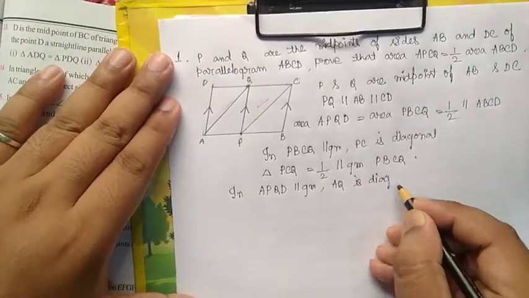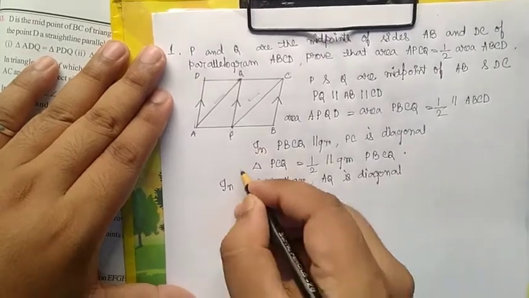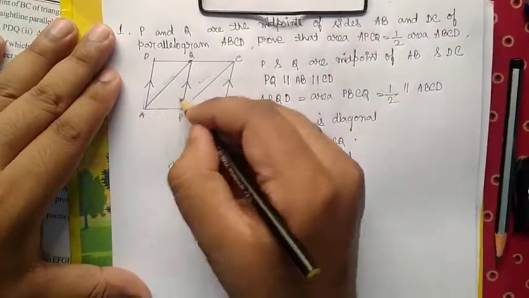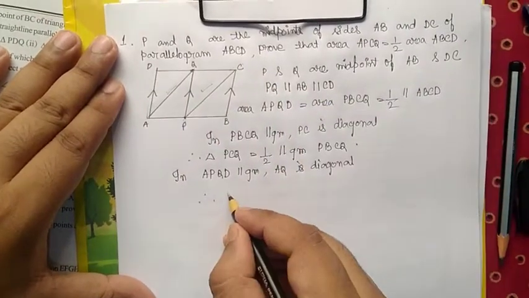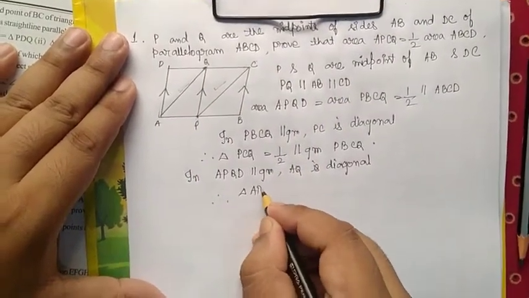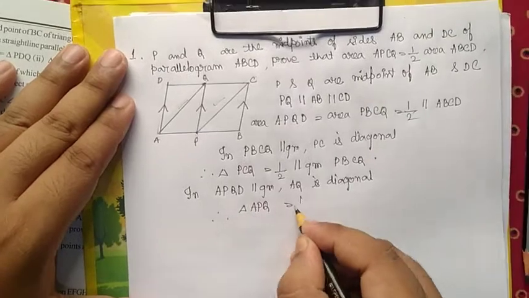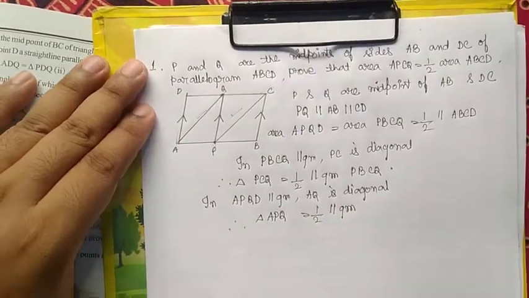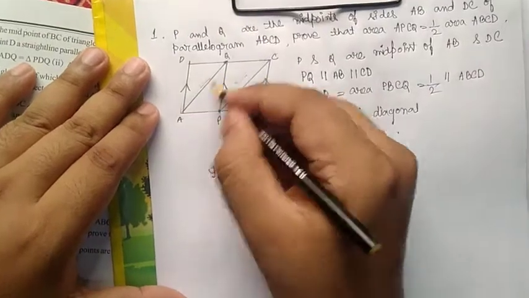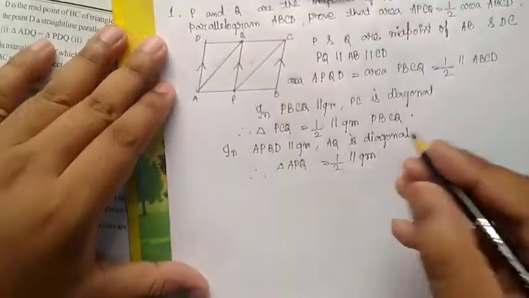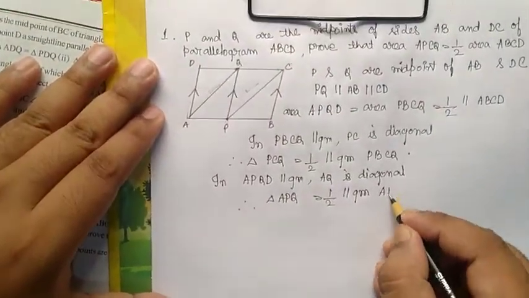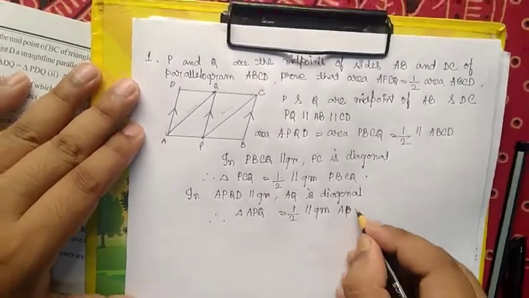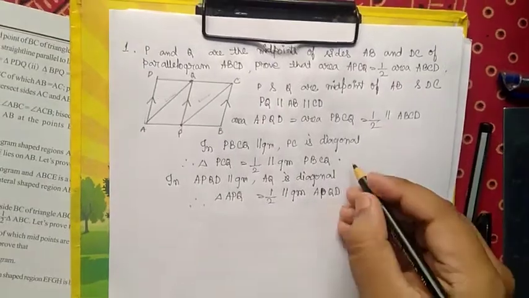So if AQ is the diagonal, we can say the same here: triangle APQ equals half of parallelogram APQD.